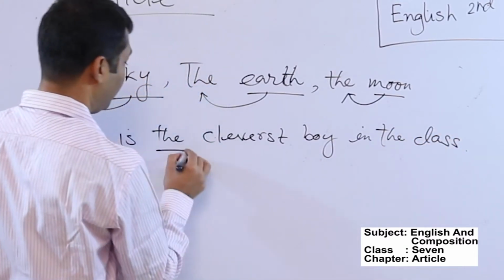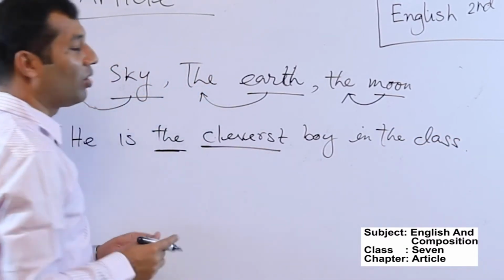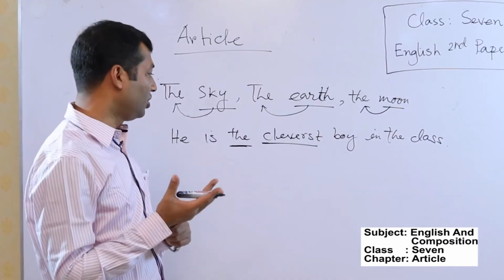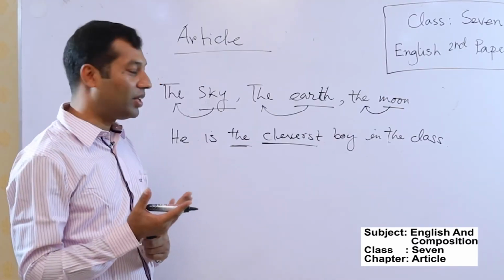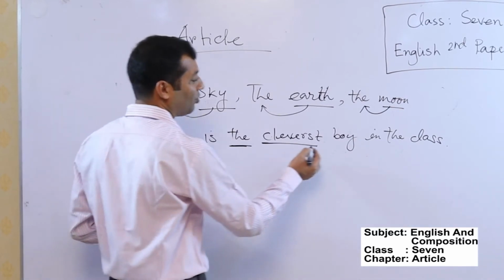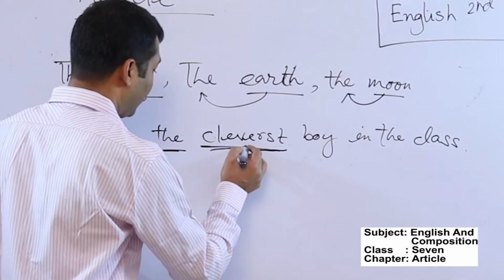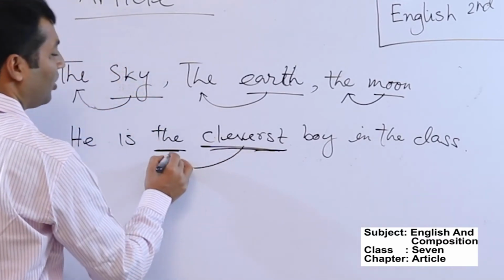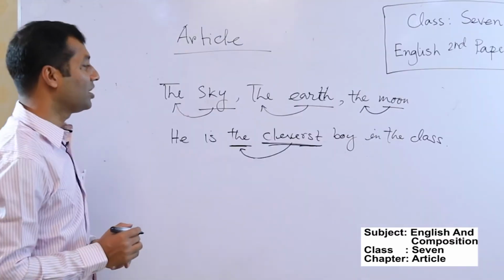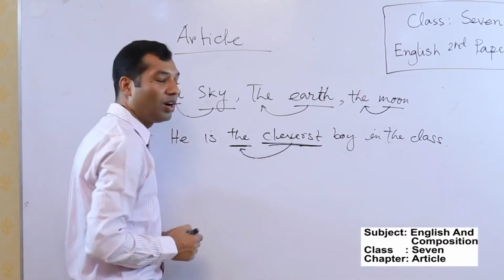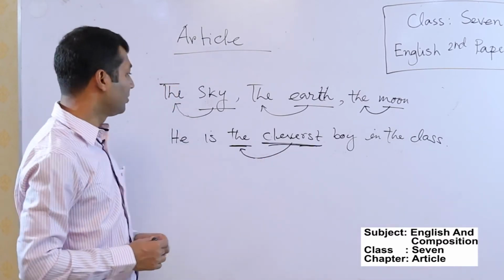Look at the use of "the" here. Cleverest. You know the word clever. This is the positive form. Cleverer is the comparative form, and cleverest is the superlative form. As it is superlative, you must use the article "the" before the word cleverest. You must use the article "the" before a superlative form of a word.